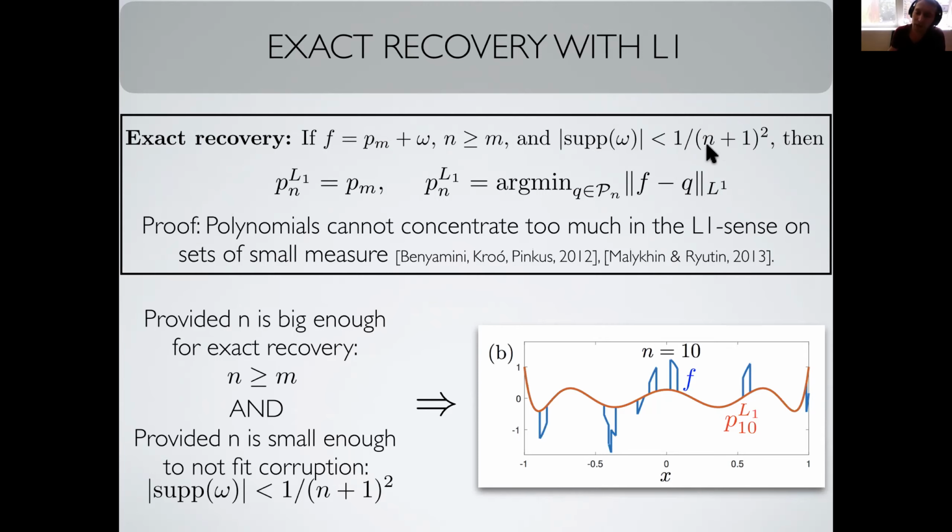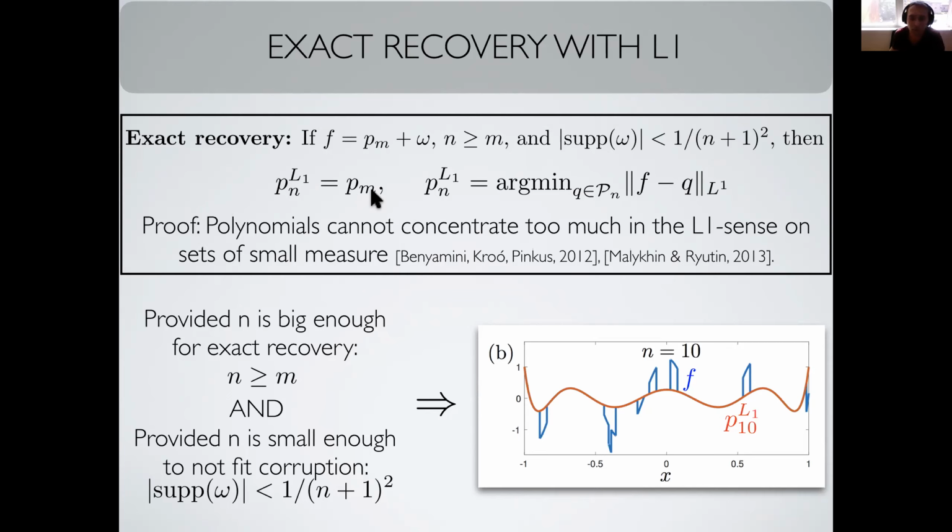This 1 over n squared comes from a concentration-like bound on polynomials of degree n. For example, Bernstein's inequality tells you that derivatives are no bigger than n squared times the infinity norm of the polynomial. So this is where concentration bounds come in. In particular, this is related to what's called a Remez inequality in the L1. Anyway, in this case where there's very small corruption, you can show that you get exact recovery.